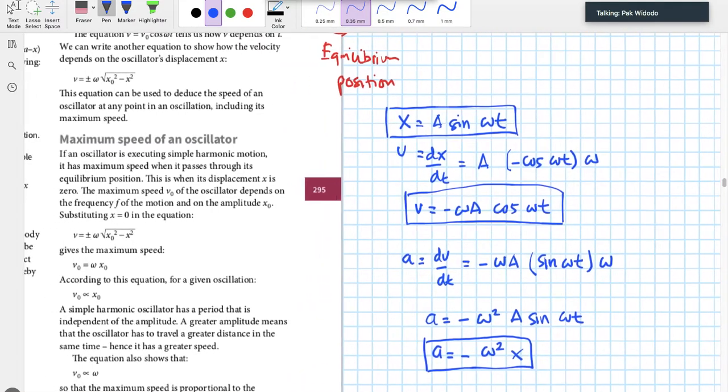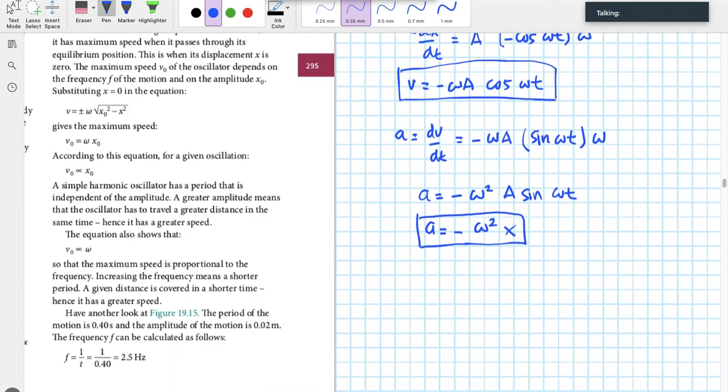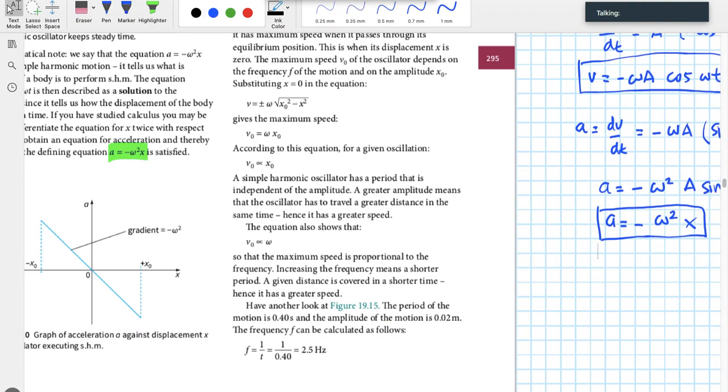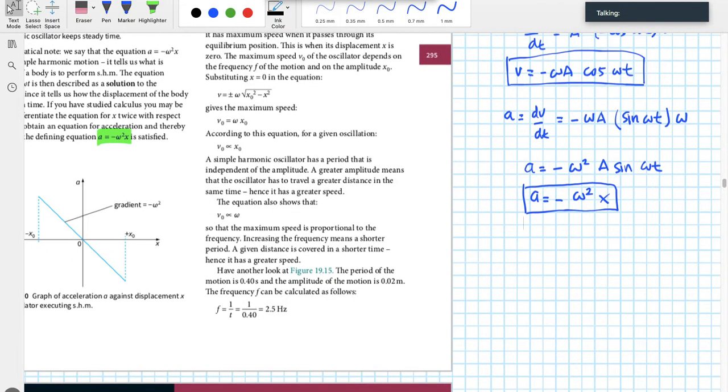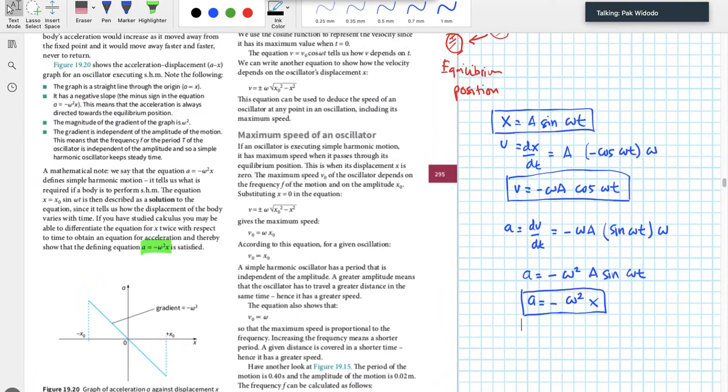This is the same formula. What I mentioned before about the relationship between position, velocity, and acceleration is a function of differentiation and integration.